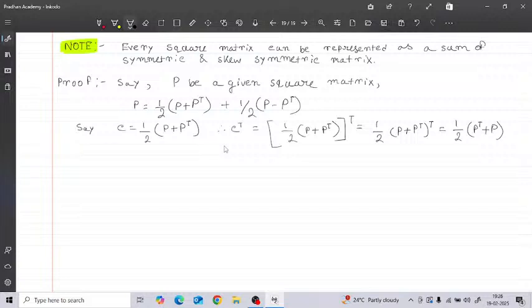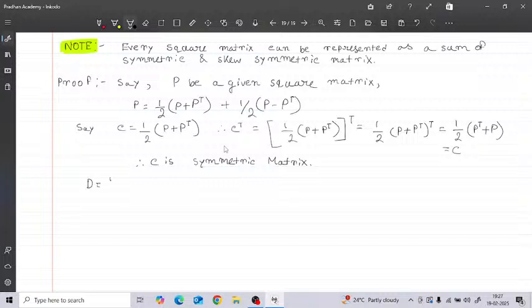So we can see this is equal to C. So C is equal to C transpose, hence C is a symmetric matrix.